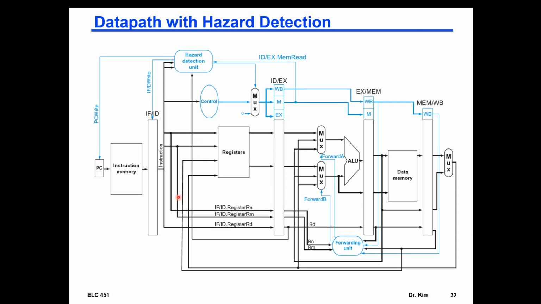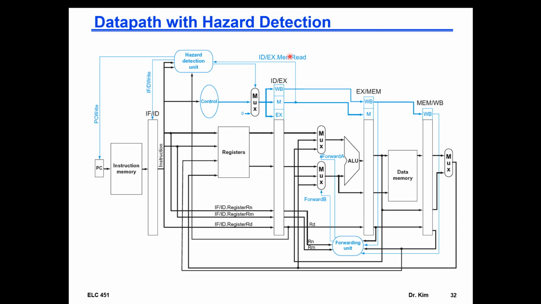Then I know that I have a load followed by another instruction that is requiring that destination as a source, separated by one clock cycle, and I have to introduce a stall. So here's the output, and that allows me to pass the normal control or zero out the control through these muxes. That's what this is saying over here.